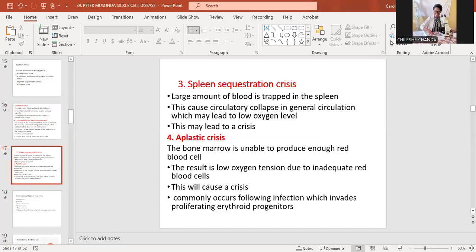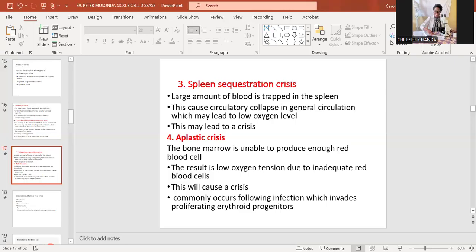And then we have spleen sequestration crisis. This is where large amounts of blood are trapped in the spleen. The spleen can trap a lot of blood because some of the blood vessels will be occluded. Blood vessels that are supposed to take blood out of the spleen will be occluded, and so you find that a lot of blood is going to be trapped in the spleen.